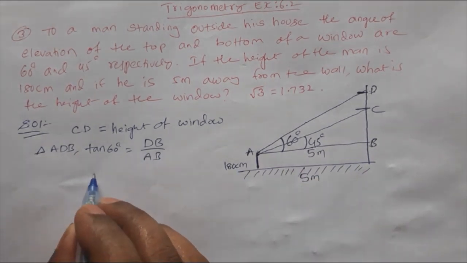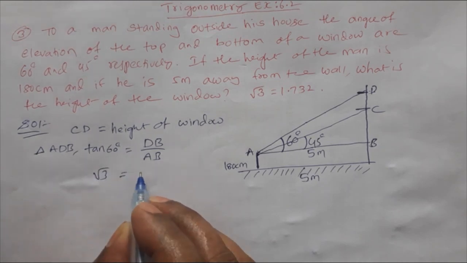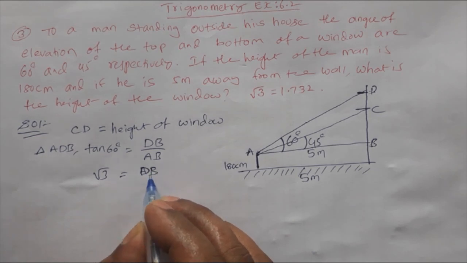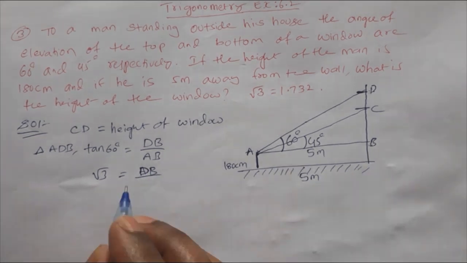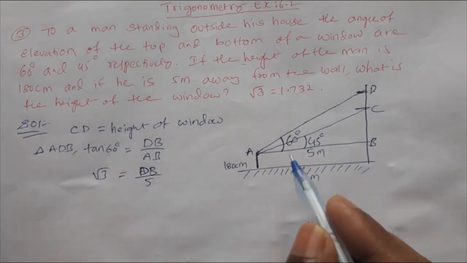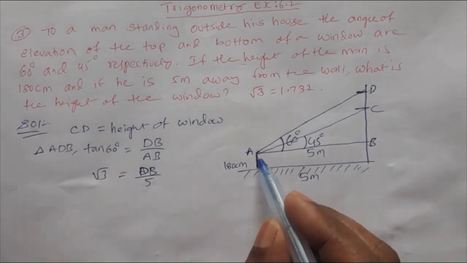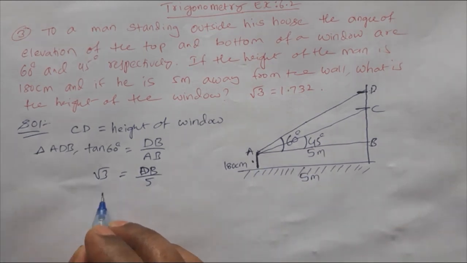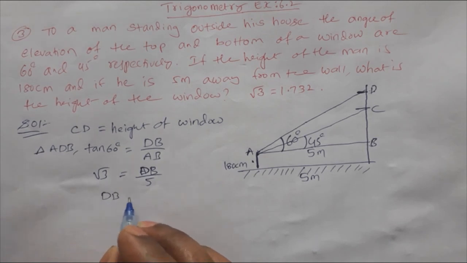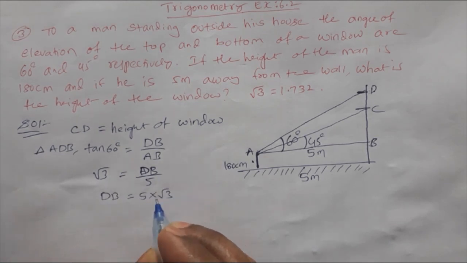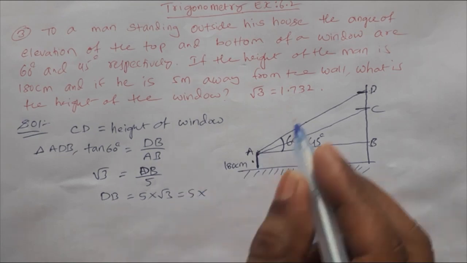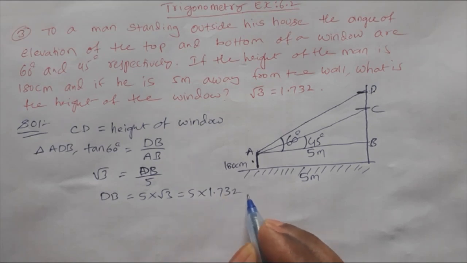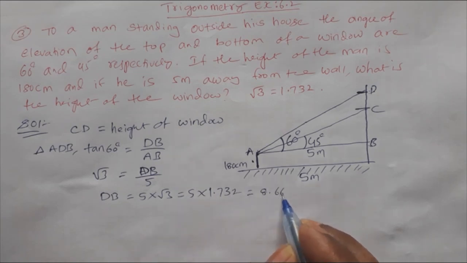So tan 60, we know that is root 3, equals DB by AB, and AB is 5. Here we are neglecting the height of the person. So DB equals 5 into root 3, that is 5 into 1.732. Multiply this, you will get 8.66 meters.